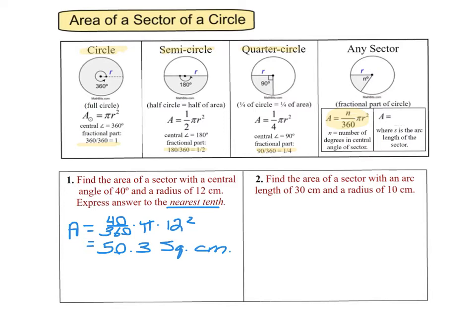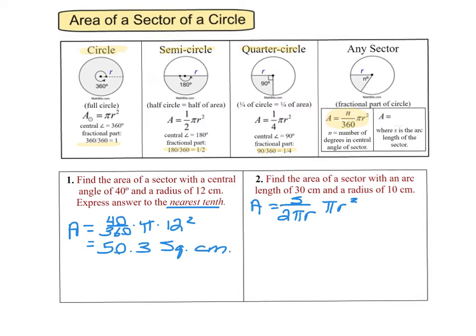So the next one, find the area of the circle with an arc length of 30 centimeters and a radius of 10 centimeters. So now we're doing an arc length, and with arc length, you use this formula: area equals S all over 2 pi r times pi r squared.